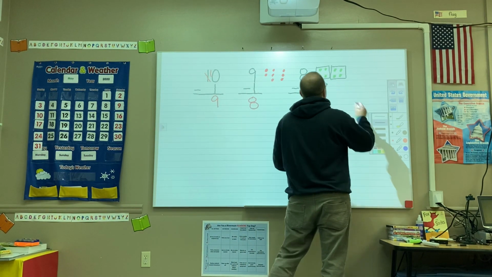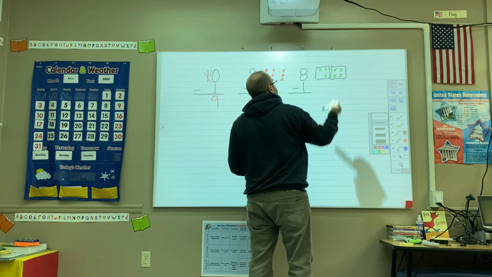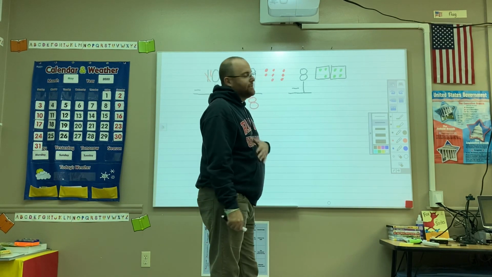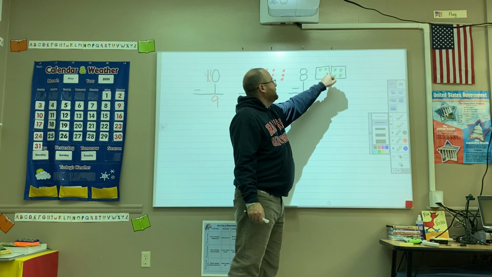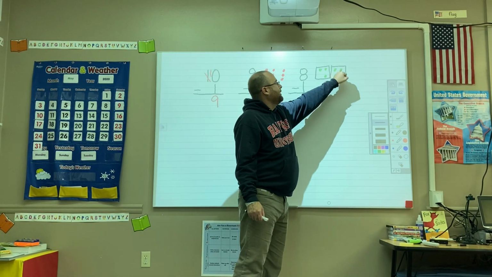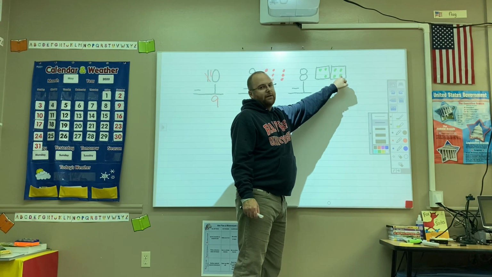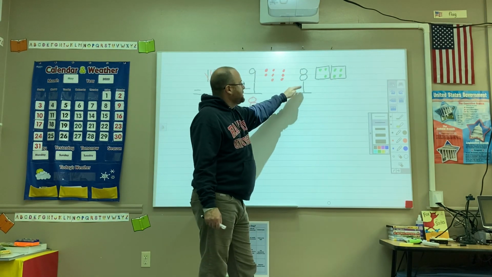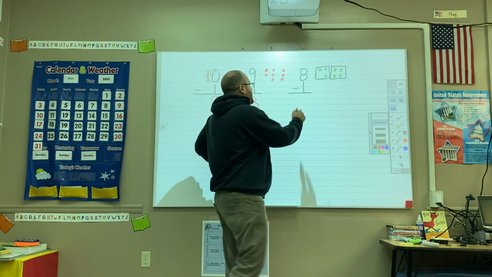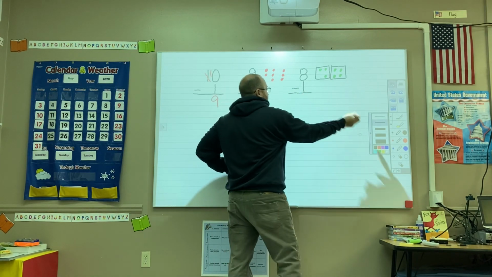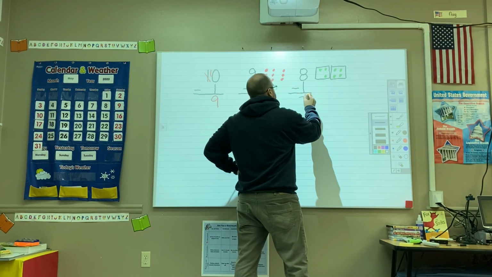All right, so I'm going to take away that one. How many chickens do I have now? 1, 2, 3, 4, 5, 6, 7. 8 minus 1 equals 7.